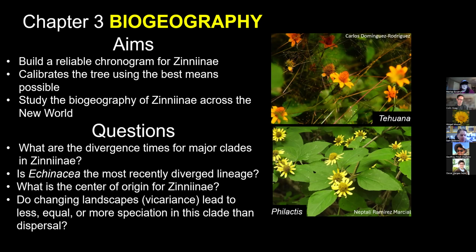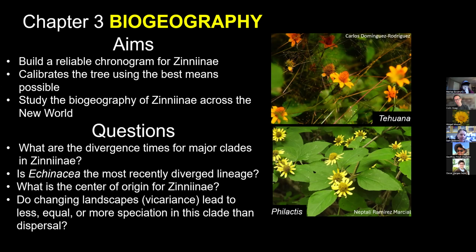The Echinacea key I've always found to be very frustrating because the species themselves, the divergence morphologically, is barely there. You can really hardly tell what they're talking about in the keys, and the plants themselves do look very similar. So does that mean that they've just been around for less time? We'll find out. What is the center of origin for Zinniinae?